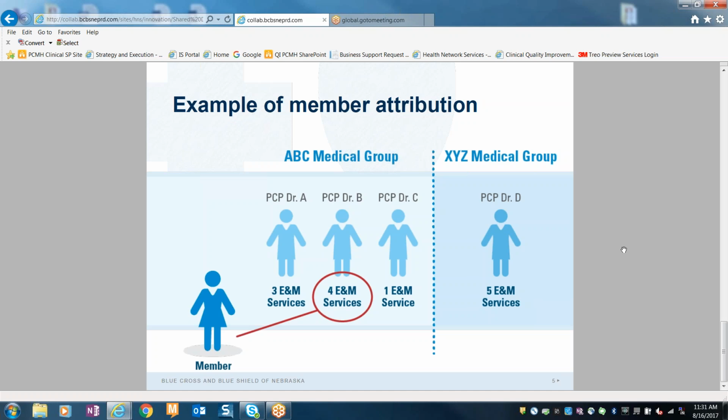So that's another reason why you see your attribution change every month. As we sign new groups and new members come on, they'll start utilizing services and then become attributed, as well as, if we lose groups or we lose members, those members will fall off attribution then.